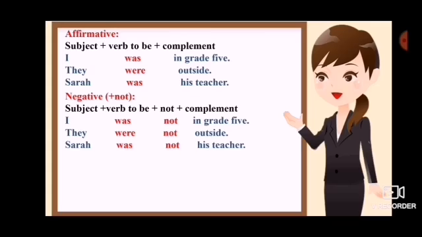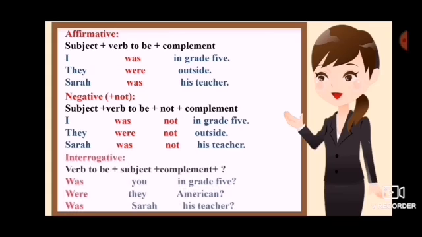Now let's move to the interrogative sentence, same as we said before. So the interrogative sentence is done by inverting the subject and the verb to be of the affirmative sentence. So it becomes verb to be plus subject plus complement plus we add the question mark. Let's see the example.